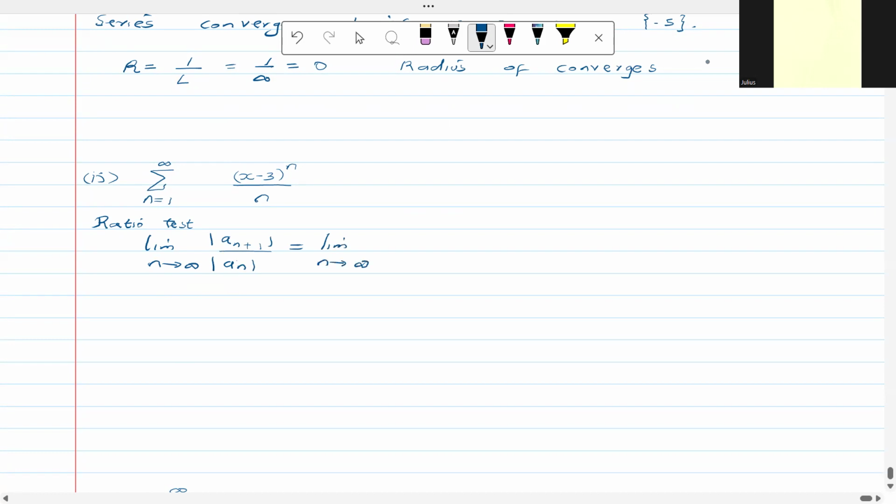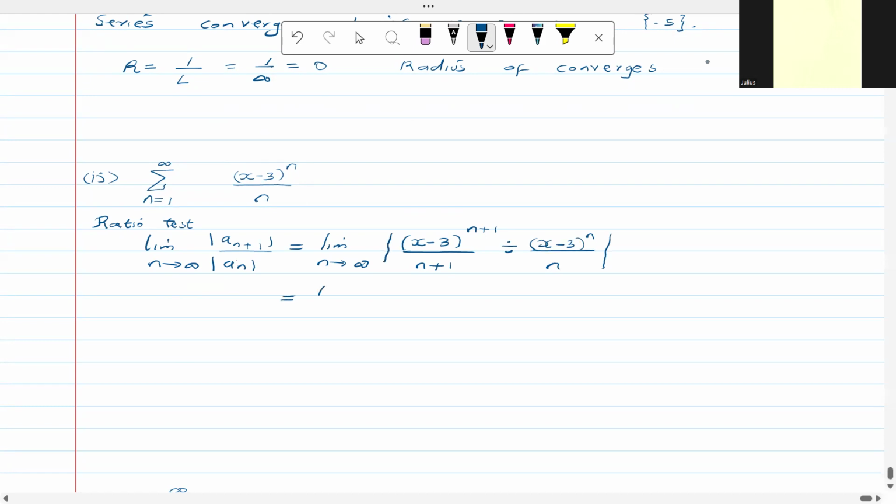Whatever is given is the nth term, so we are finding the (n plus 1) term: x minus 3, where you have n you put n plus 1, divided by n plus 1. Then the whole of this you divide by the nth term, the original term, divided by n.